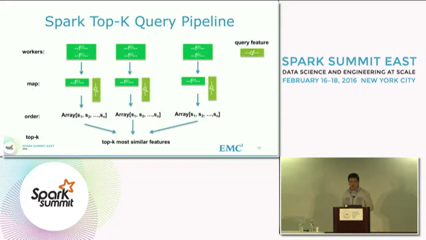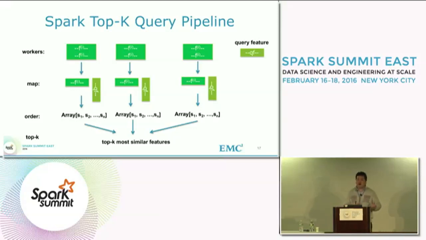So here is the Spark top K query pipeline. For each worker, it will look at the subset of candidate objects that are filtered out by the indexes on object features and the metadata, and then it will calculate the similarity score between each candidate object and the target object. Then it will order all these similarity scores and send the local top K objects to the driver.